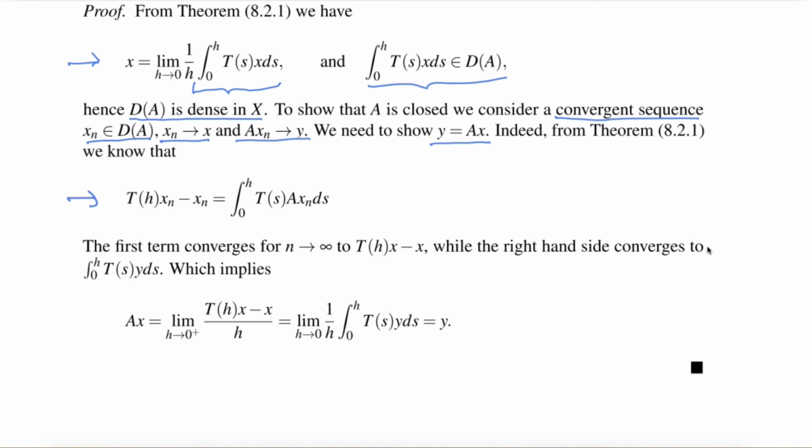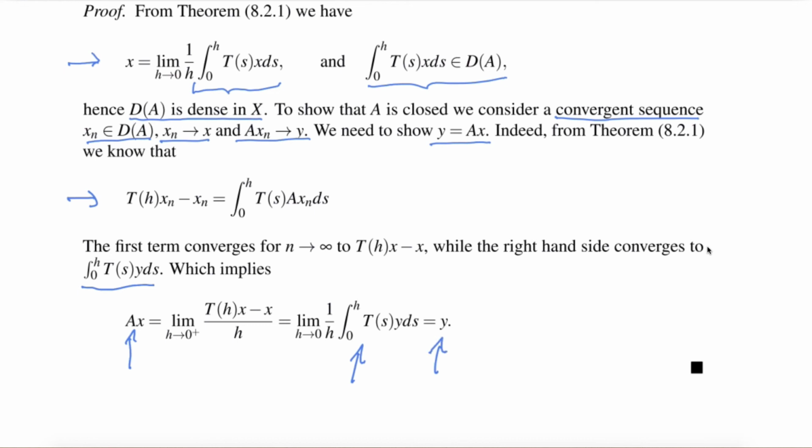And now we take the limit term by term. So the first term converges to T h x minus x, and the right-hand side converges to the integral of T s y ds, because A x_n converges to y. And then we can apply the limit as h goes to 0, and then the left-hand side goes to A x, and the right-hand side goes to this limit, which actually turns out to be y.